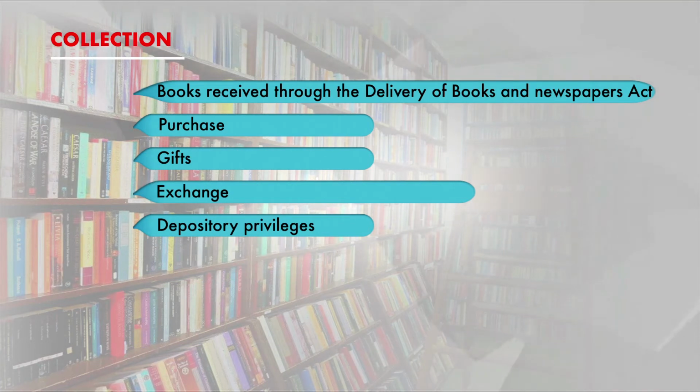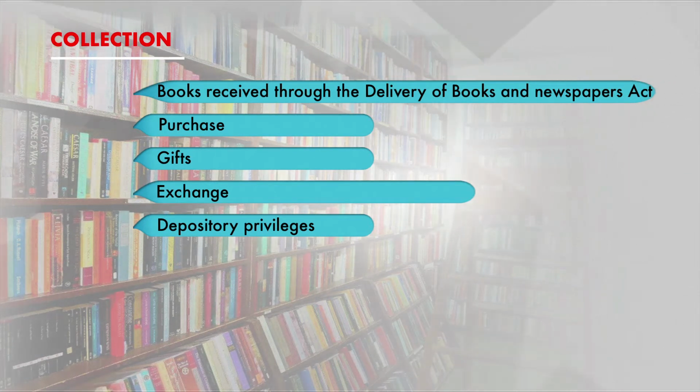Then how is the collection developed in the National Library? As I mentioned, we have a Copyright Act, so books are received through the Delivery of Books and Newspaper Acts. Then some books are purchased, and gifts are there: eminent personalities gift their personal collections to the National Library.